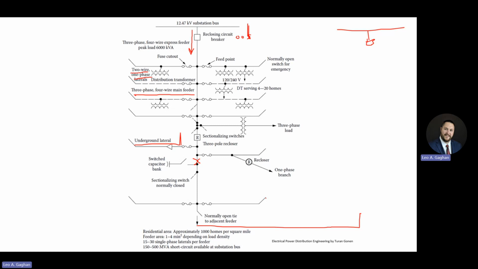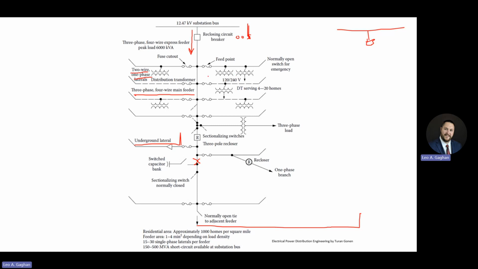But they often don't do that, right? They don't want it to be networked. They want it to be radial. And they would only close this in if one of the breakers was out of service and they needed to restore the power.